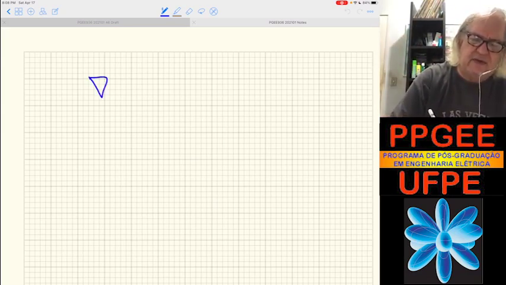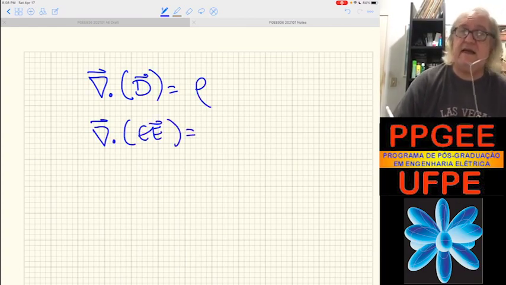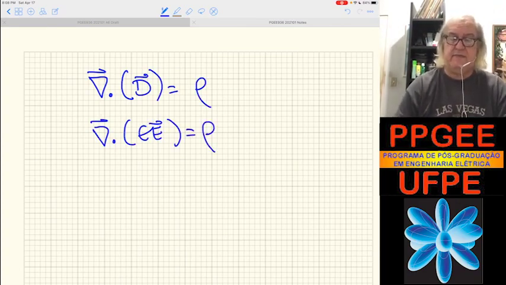If you go to Maxwell's equation, we have D here, and we have the free charge there, right? So if we replace that by epsilon E, there's a linear relationship.